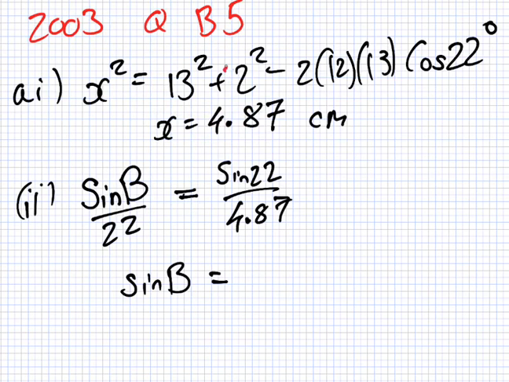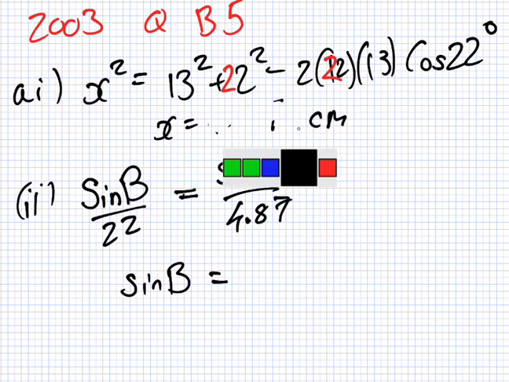I wrote 12 instead of 22. That's a relief. I would have thought they'd given us an impossible triangle. Alright, 13 squared plus 22 squared minus 2 times 22 times 13 times cos 22. 11.07.